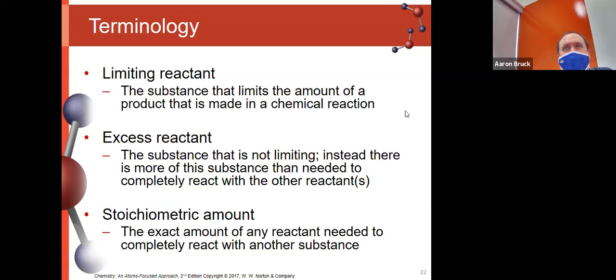Because when the limiting reactant is gone, the reaction stops, and that means that we stop getting product. Any reactants that are left over after the limiting reactant is gone are said to be excess reactants. And so some amount of each of those would be left over as a result when the reaction is finished.